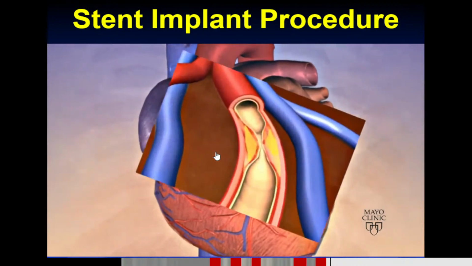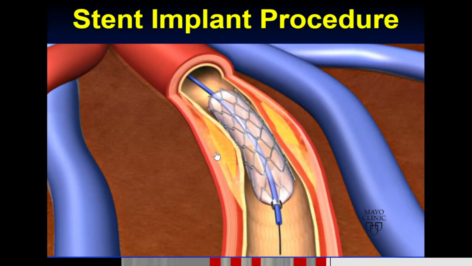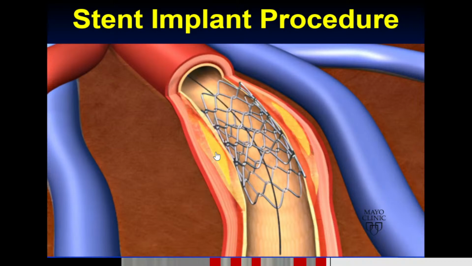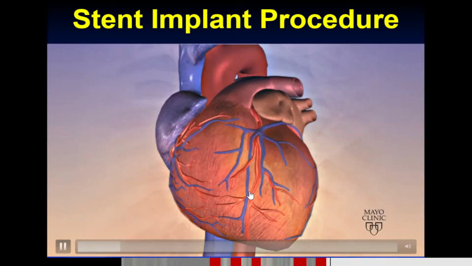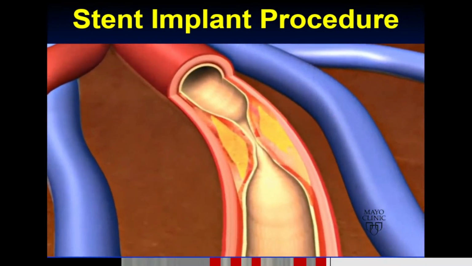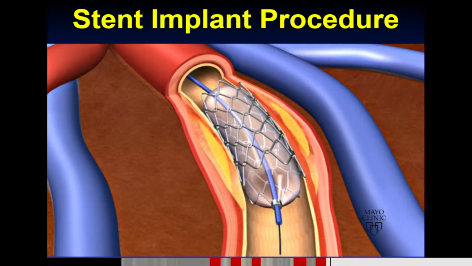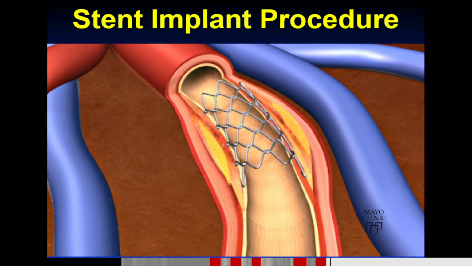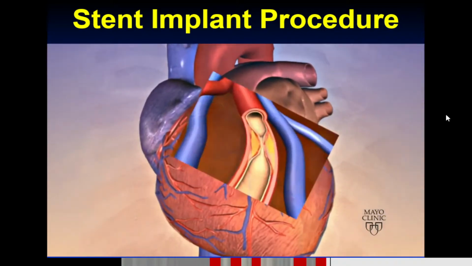And how looks schematically the stent implant procedure when the operator inserts the stent on the balloon. The balloon is inflated and at the site of coronary artery narrowing, the stent then supports the coronary blood flow.